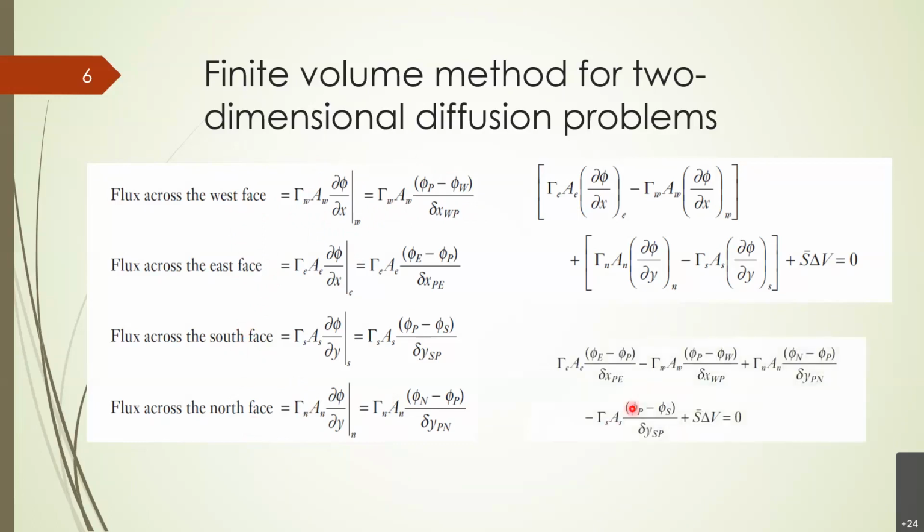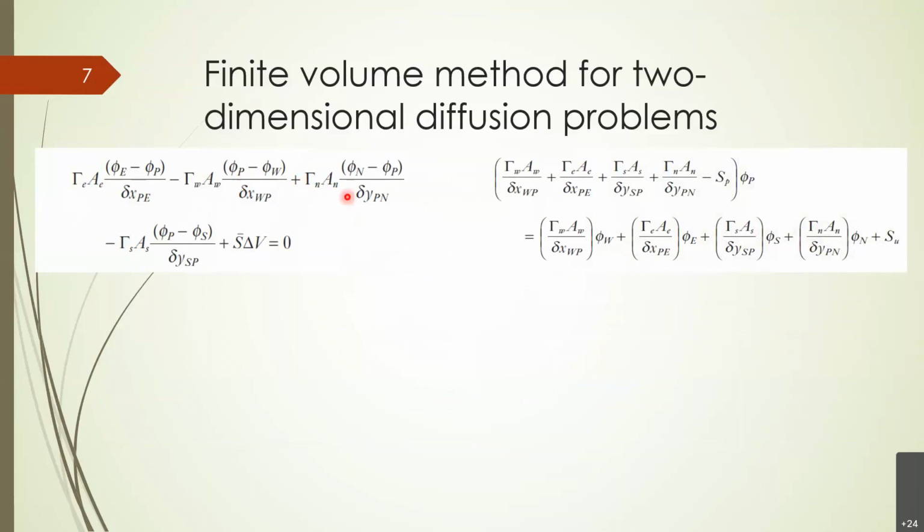So at the end, if we substitute this into our equation, we represent Δθ with θE minus θP, and Δx will equal ΔxPE. Same thing with the W face, N face, and S face.